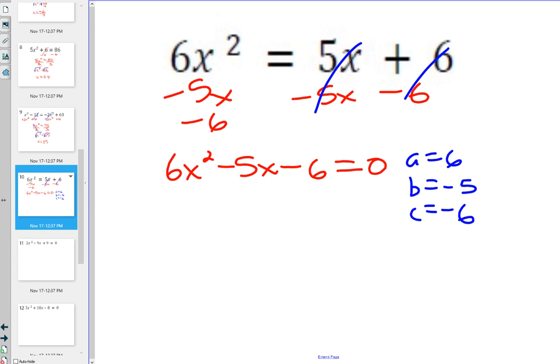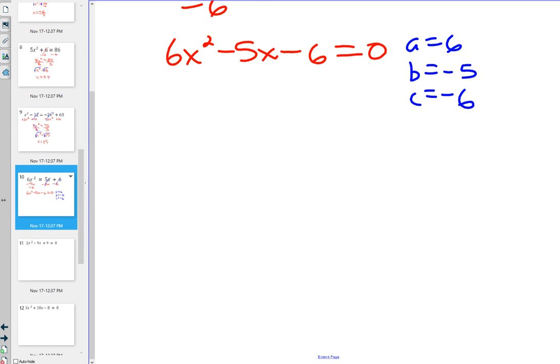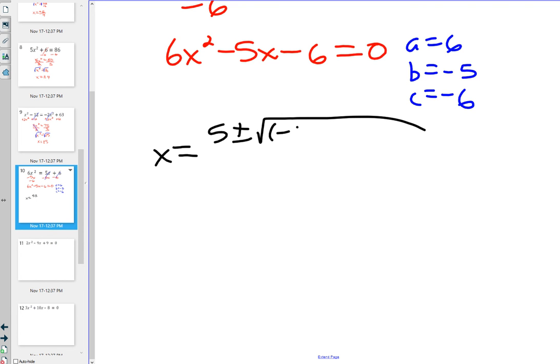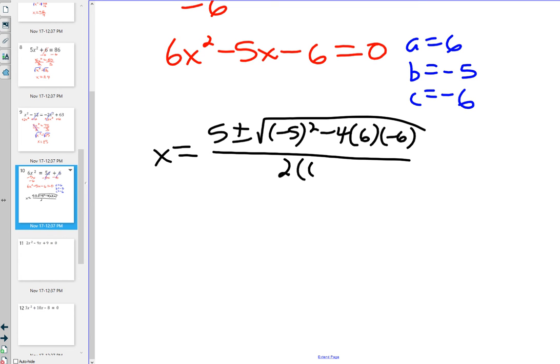I think you guys need to coexist. x is equal to, if b is negative 5. Nico, this is the one you mastered today. Come on, tell me, what am I going to write first? Good. Plus or minus the square root of negative 5 squared minus 4 times 6 times negative 6, over 2 times 6.